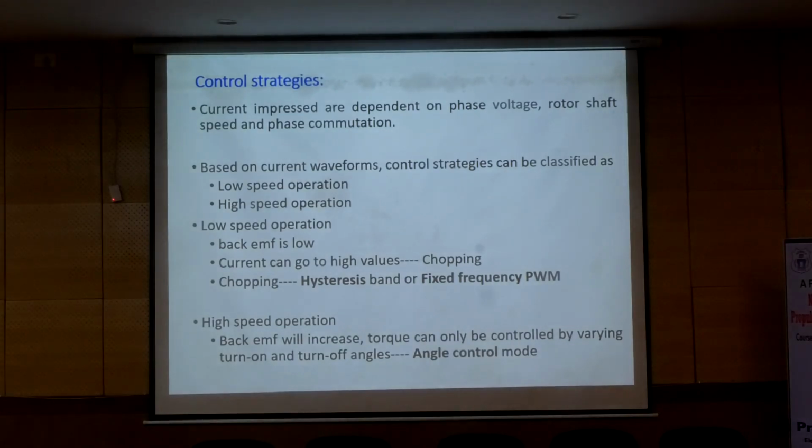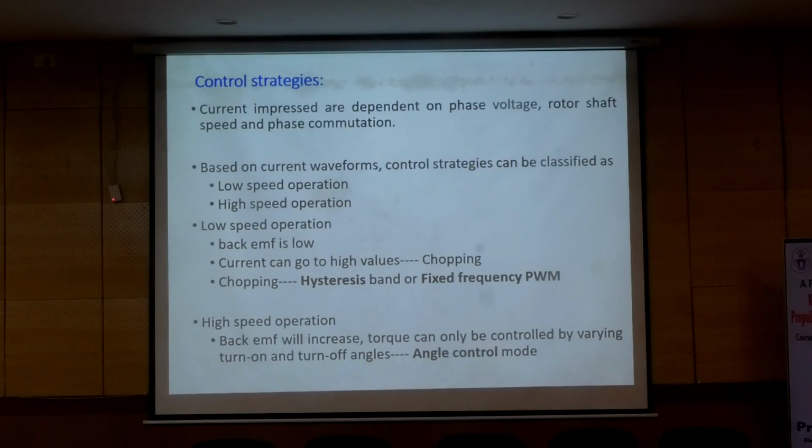And what kind of chopping mode operation? Here we can have hysteresis band control, or fixed frequency PWM control. So these are the two control schemes under chopping mode that can be used for low speed operation, whereas for high speed operation, as the motor picks up higher speed, the back EMF obviously increases.